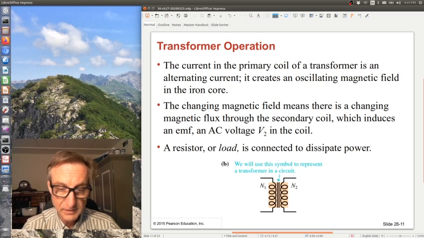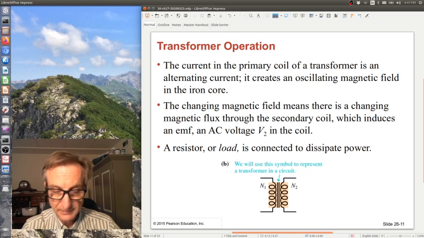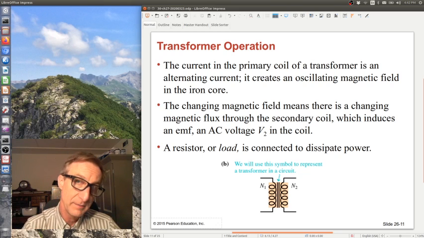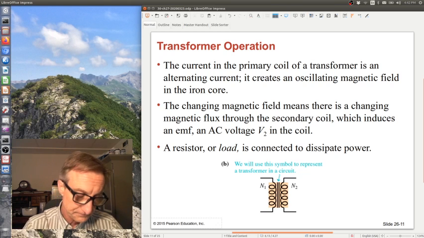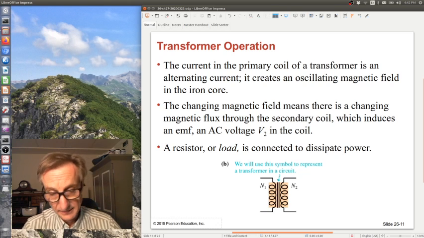And our question then is, how can we calculate V1 and V2 knowing what we know? So here's a summary of what I just said. The secondary coil, as I said, has a load connected to it which dissipates power. The power that's produced by the primary power supply is translated to the secondary coil and dissipated in whatever we plug into that power source, the power source being the secondary coil.